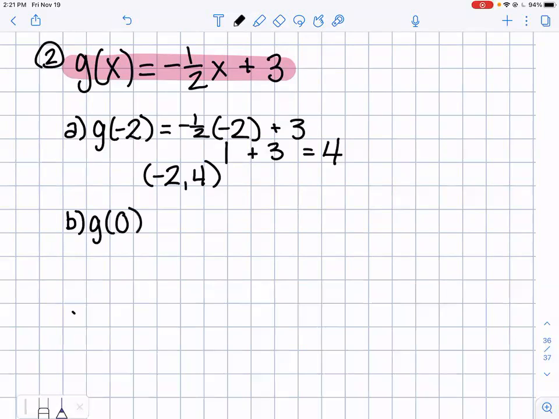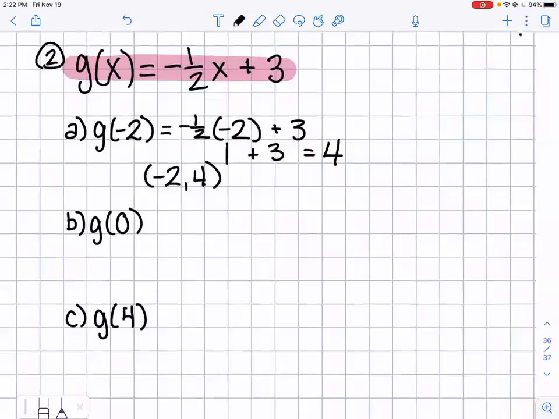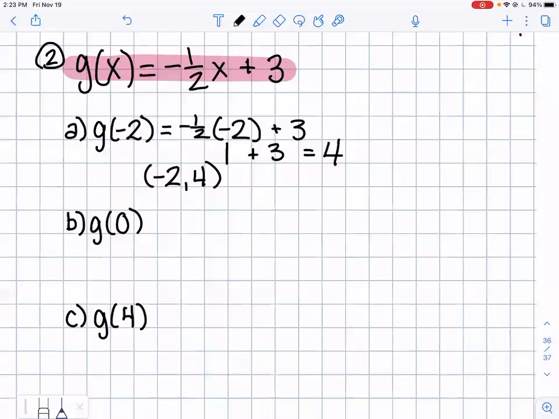Find g of 0 and g of 4. Try it out. All right, so g of 0. Somebody set up the problem. You multiply 1/2 plus 3. And then you take 0 times 1/2, which is 0. Plus 3 is 3. So your point is 0, 3.